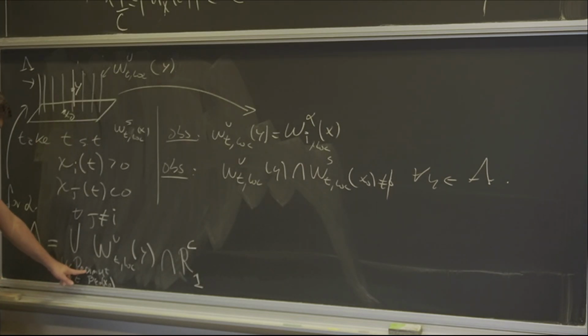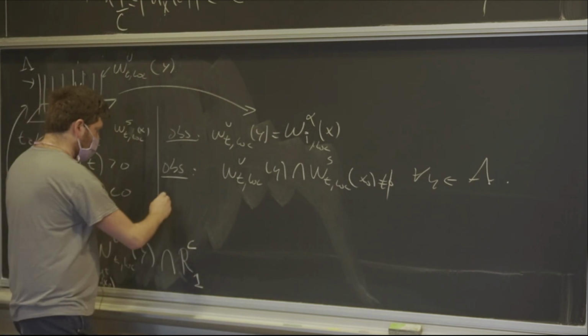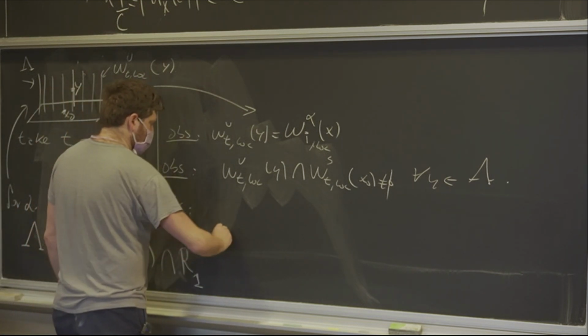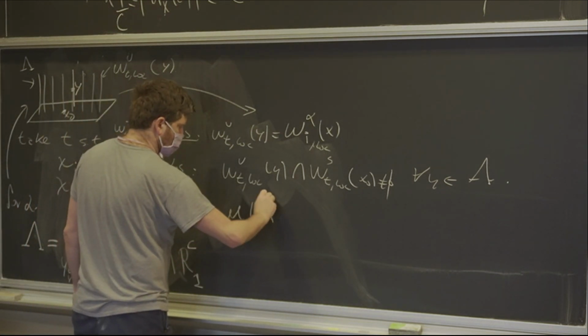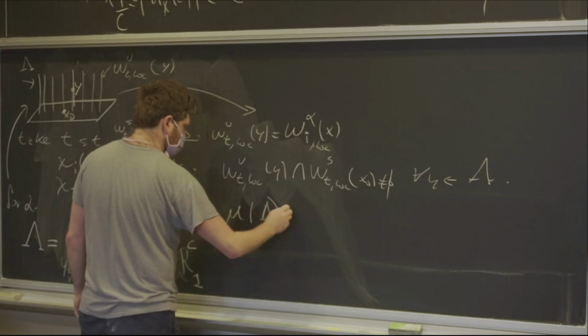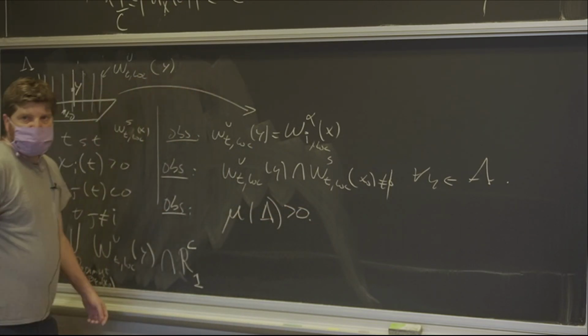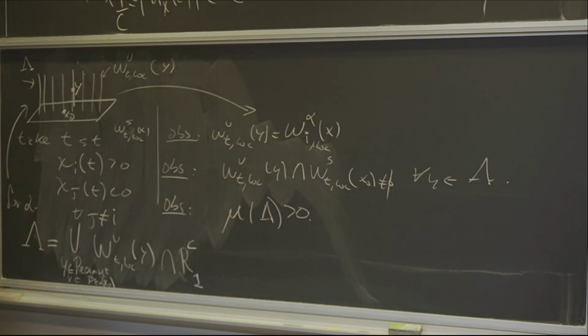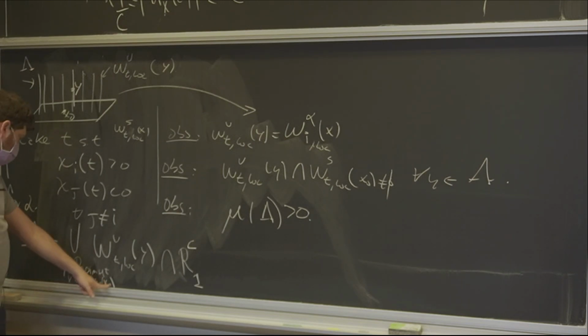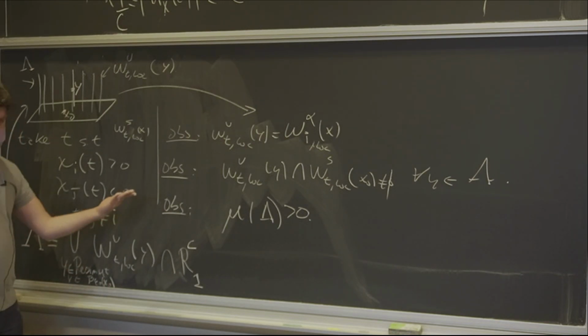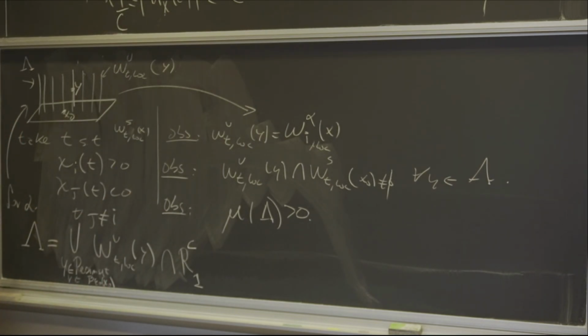That's why I want the guy in a Pesin set, which exactly means that these guys are long enough so that they will intersect. And the final observation is that mu of lambda is positive. And this is true for the correct choice of x naught and Pesin set. This will be true. And actually it's the same as the set lambda.